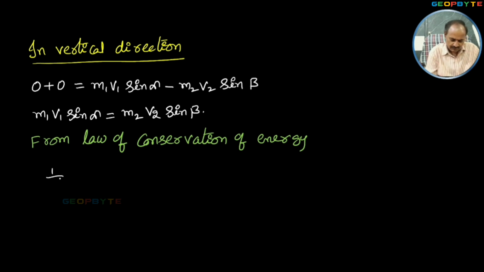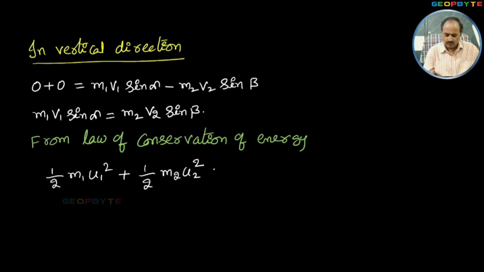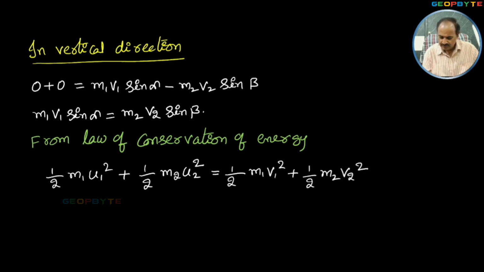It is half m1 u1 squared plus half m2 u2 squared, that is the total kinetic energy before collision. Since a perfectly elastic collision is happening, the total kinetic energy before collision must be equal to the total kinetic energy after collision. After collision, the total kinetic energy is half m1 v1 squared plus half m2 v2 squared.